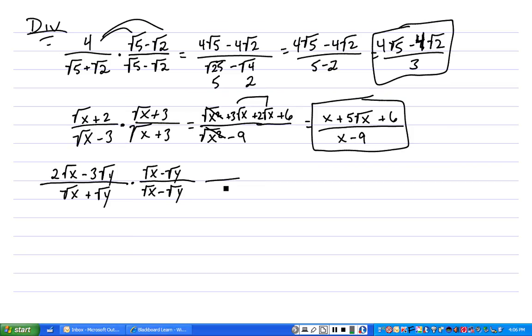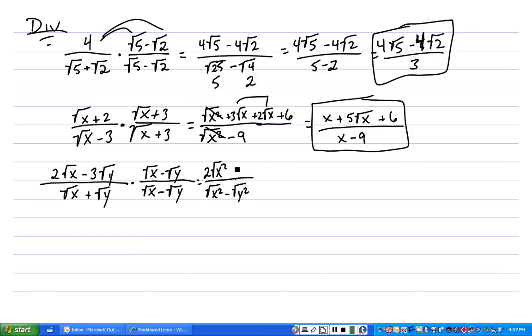Down bottom, I get square root of x squared minus square root of y squared. That's my denominator. And up top, first times first, I get 2 square root of x squared.